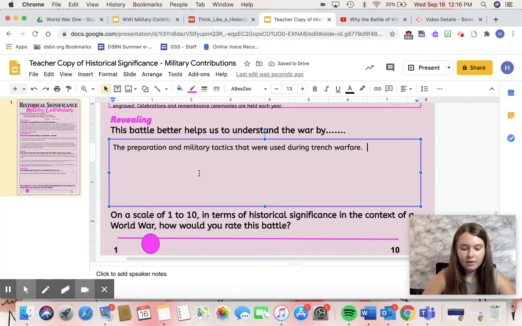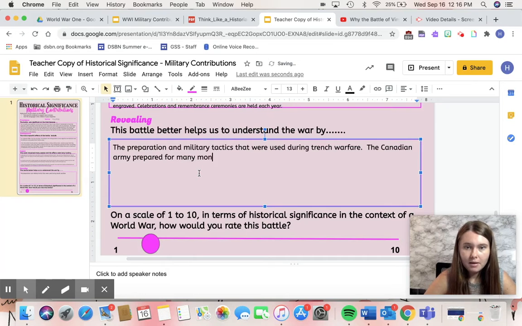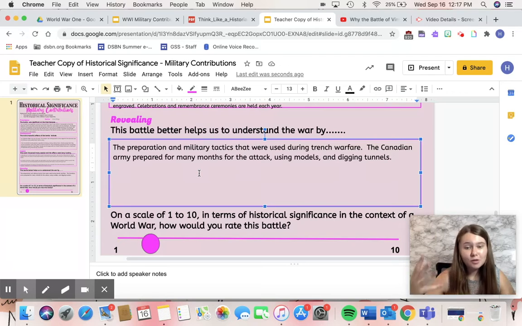So we know that they prepared for many months. So the Canadian Army prepared for many months for the attack using models and digging tunnels. Then you could get into even more detail about what the tunnels looked like, as they mentioned in the article. We know that they then used the idea of the creeping barrage.